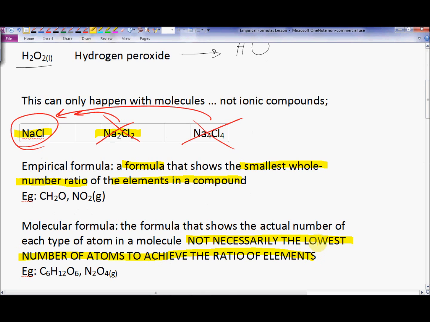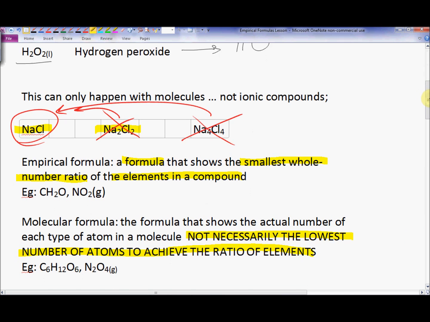So C6H12O6, for example, you could divide each of those subscripts by 6 and you would get an empirical formula. N2O4, you could get an empirical formula if you divide those numbers by 2. But those are molecular formulas that we're looking at.